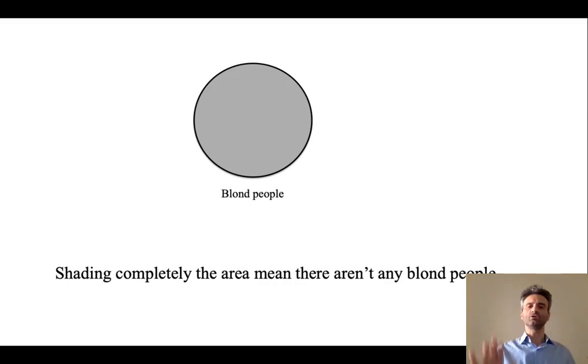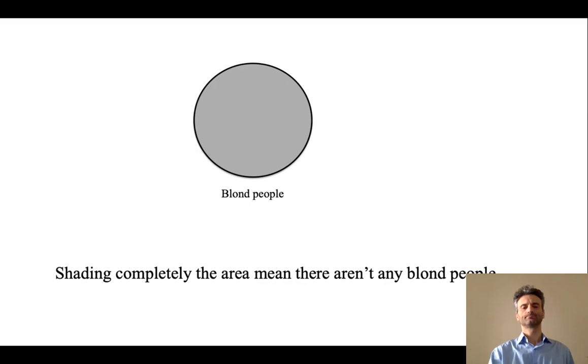So if you shade your Venn diagram, if you shade your circle, your container, okay, this is what they are. They're containers. If you shade it completely, you mean there aren't any members designated by this class.